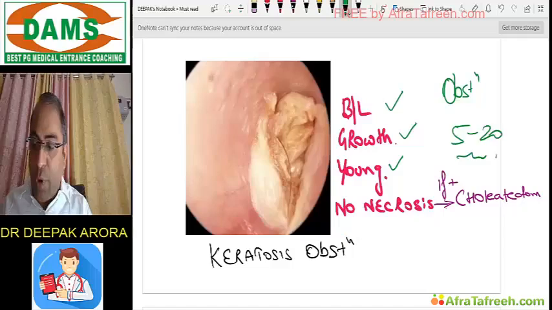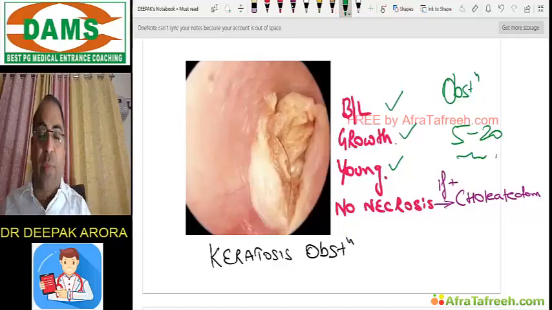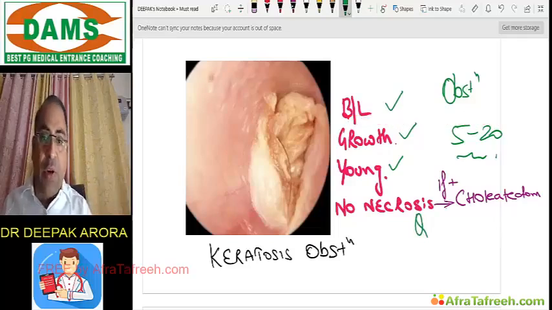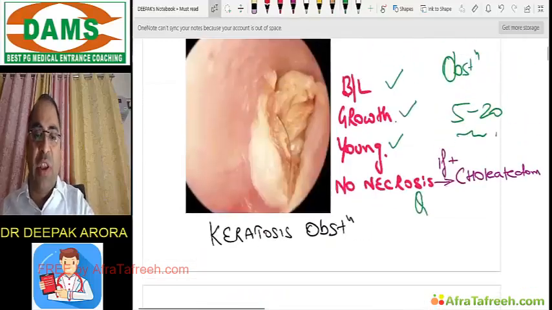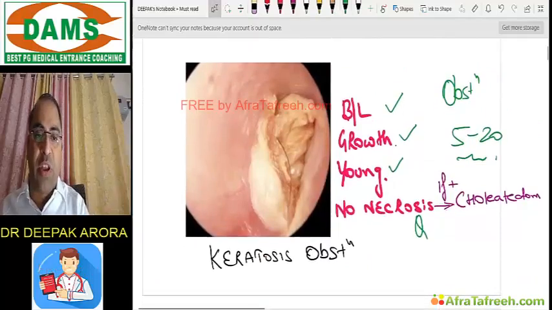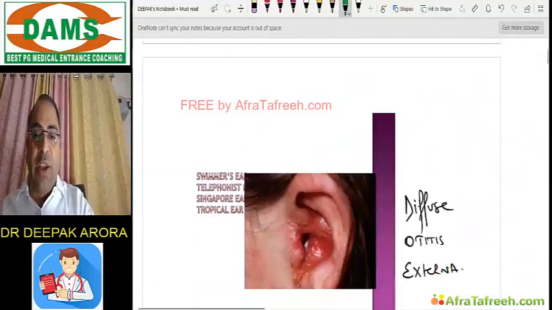We use the word keratosis obturans. What is the worth remembering point? In this condition, there is no necrosis. If there is necrosis, make a diagnosis of cholesteatoma of the external auditory canal. Am I understandable? So this is keratosis obturans: growth, bilateral, young patient.